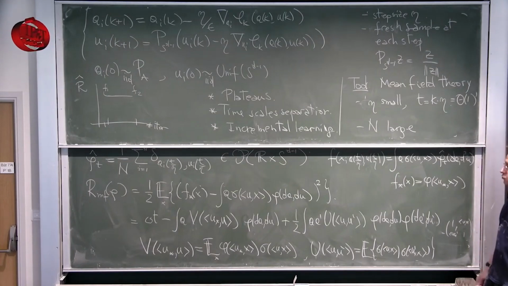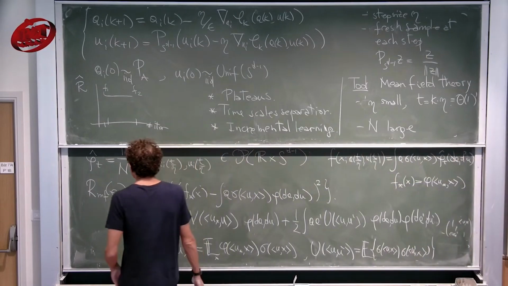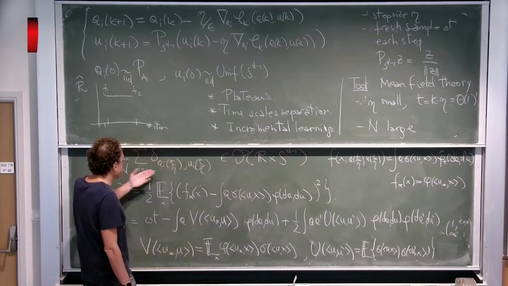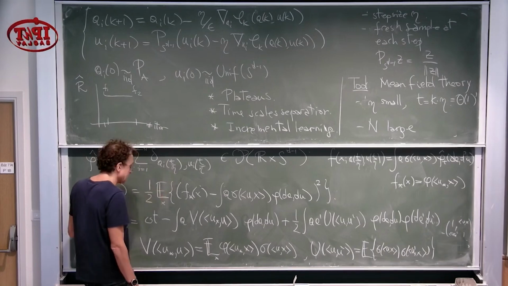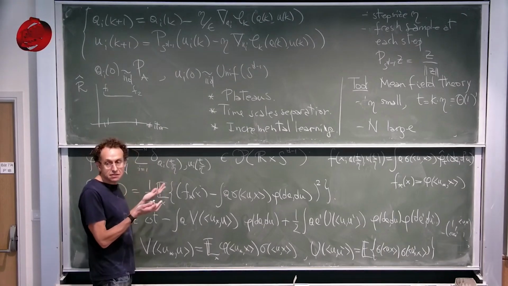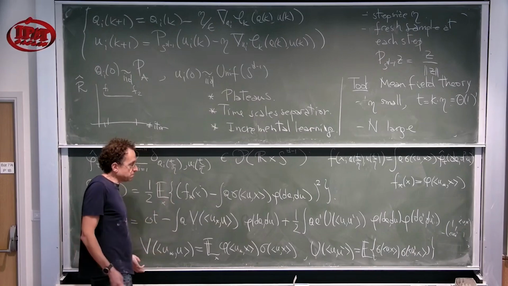Okay, so far I didn't do anything, or I did very little, right? I represented my network by this distribution over the neurons and lifted the risk that depends on the parameters to a function of a distribution.